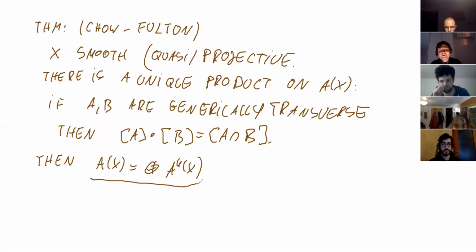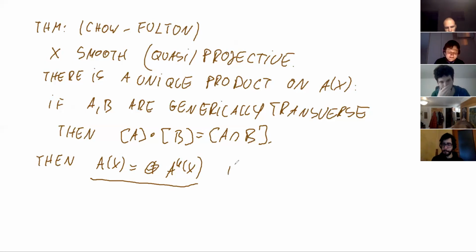So the reason why you actually have to multiply classes, I can give it to you during the break, because sometimes if you multiply a variety times a variety, you get something negative. So of course you cannot put them in the transversal position, because no two things intersect in -1 point. But the classes still multiply. It's just you will never be able to put them in a generically transverse position.